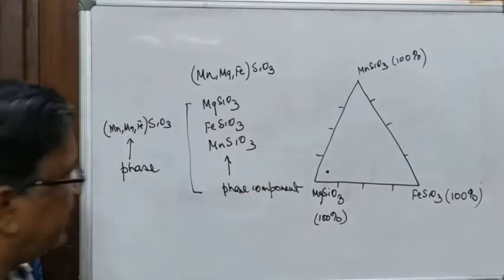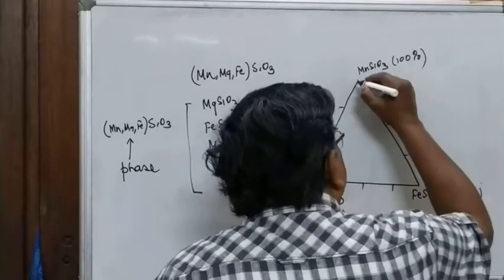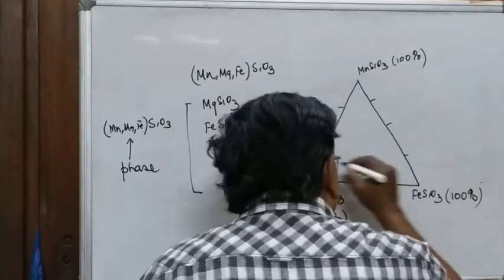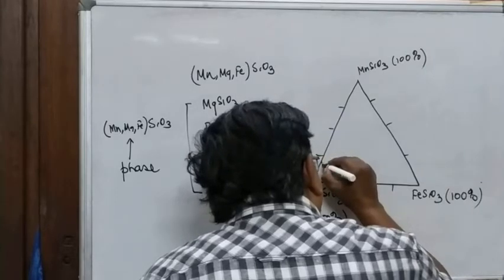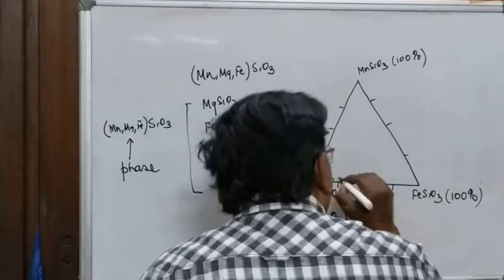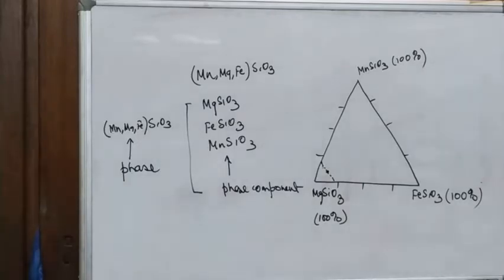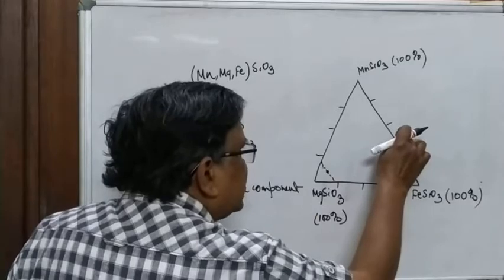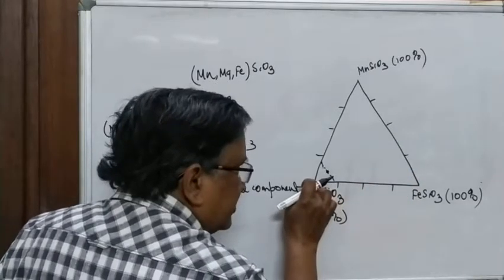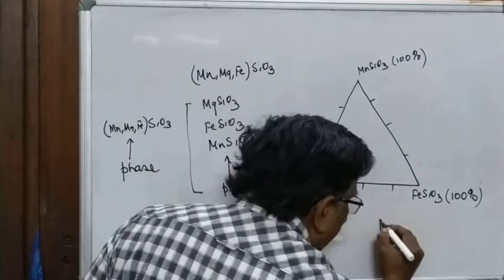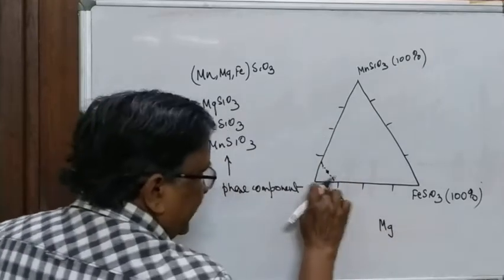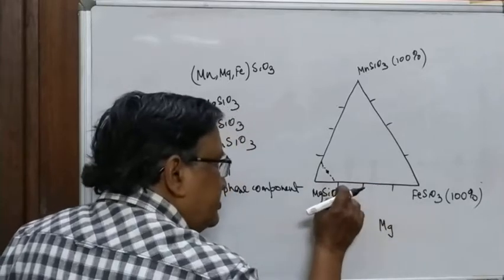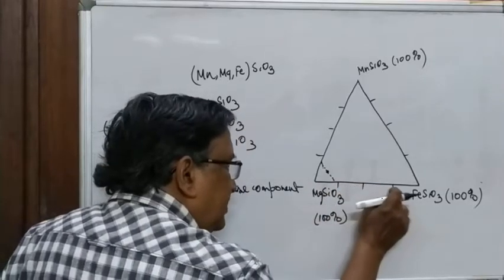So if I have a point here, then what I do is, I draw a line parallel to this binary, parallel to this boundary. Have you understood? If I do that, then you can see this is 0% MgSiO3, this is 100% MgSiO3. So how much Mg is there? You can see it. This is 25, 50, 75, and 50, 25.